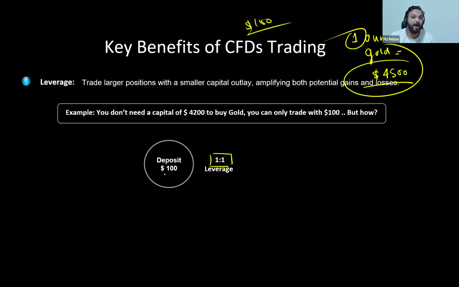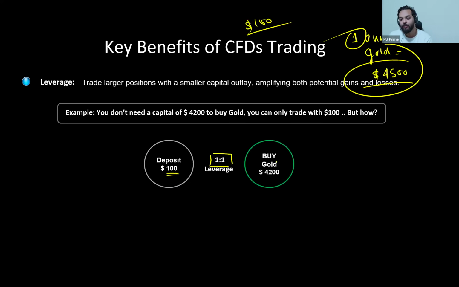Leverage is money that you borrow from the broker. Leverage 1 to 1 means that every $1 I have in my account will be multiplied by 1, so 100 times 1 is 100.